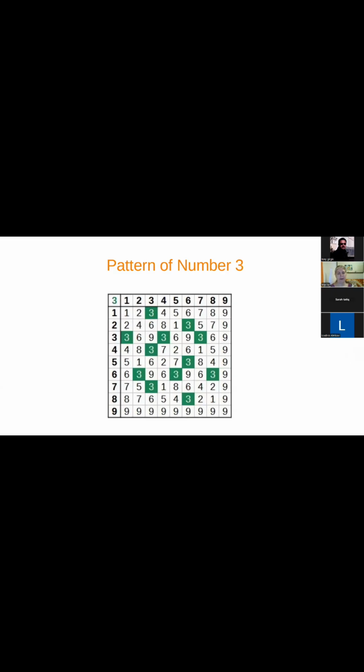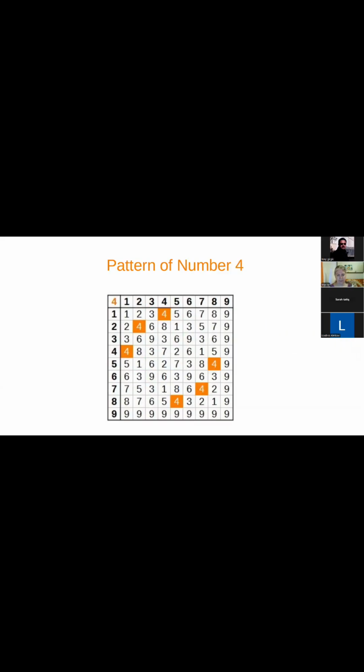For the pattern of number 3, we see an image with more data points. So this has 12 data points. And the orientation is again along the main diagonal. For number 4, we have a different pattern, and we have 6 data points.